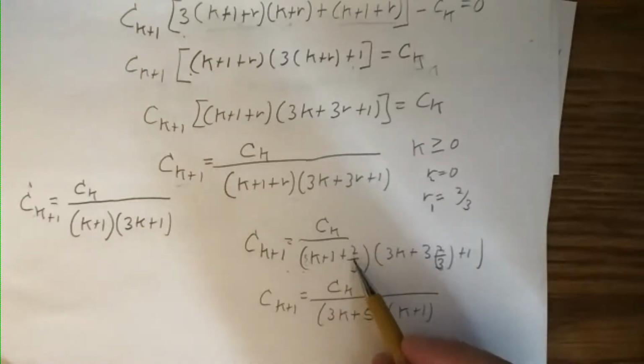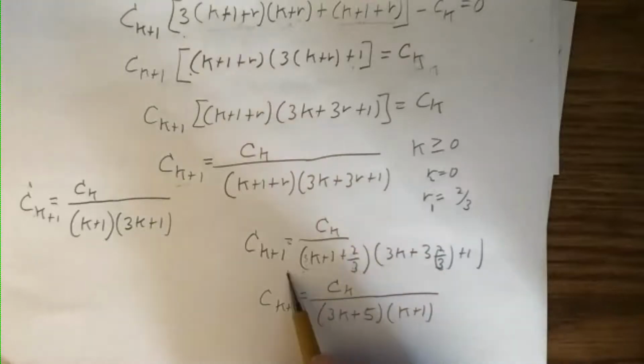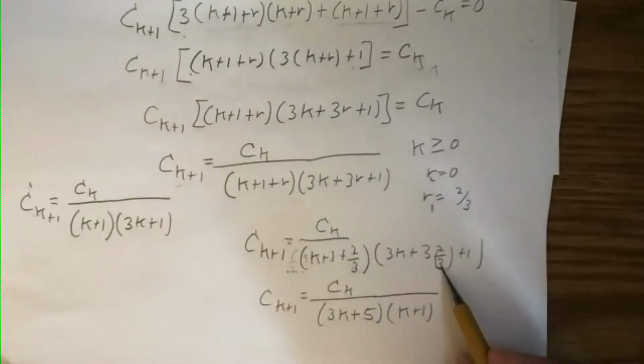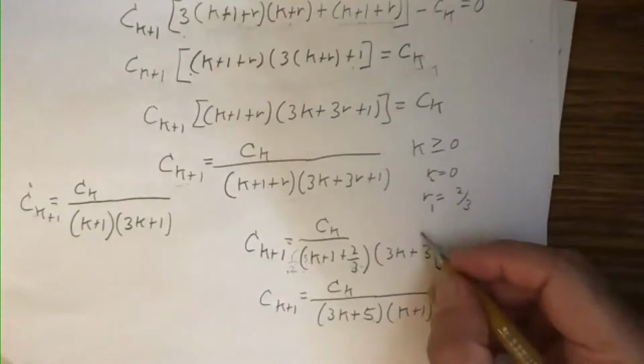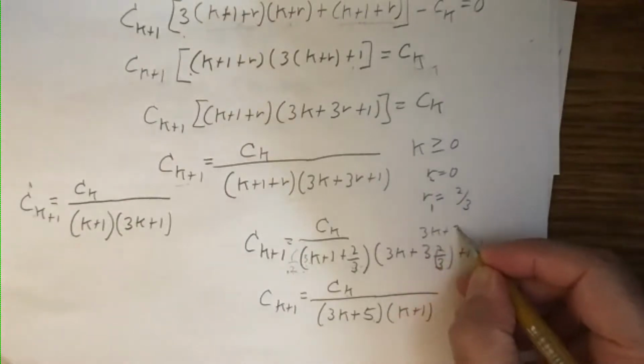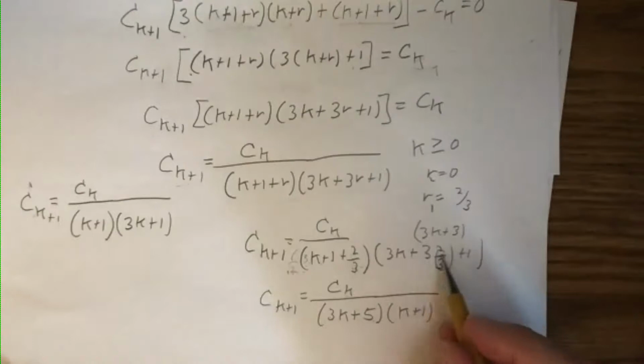Factor 3 out of here, and this becomes 5. So when you factor this 1/3 out, you're going to get 3k plus 5. Then here you take the 3 out, and that 3 is going to cancel with this 3, and you end up getting k plus 1. And you take the 3 out of here, this is the same as 3k plus 3, because this cancels with this.